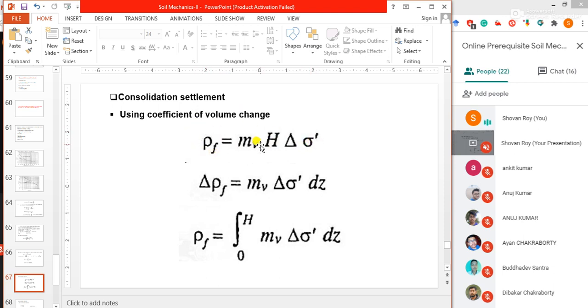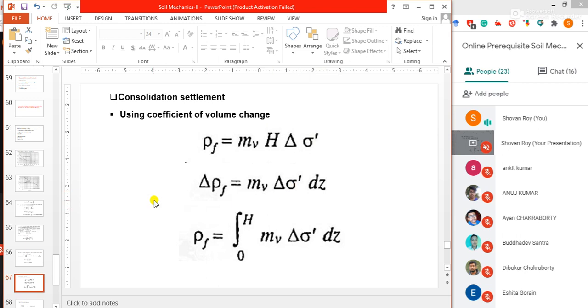Using the coefficient of volume change, we can find the settlement of the soil. H is the height of our soil specimen, and delta sigma dash is the incremental pressure.